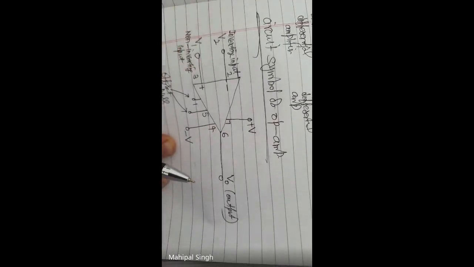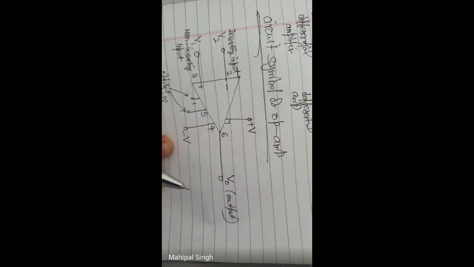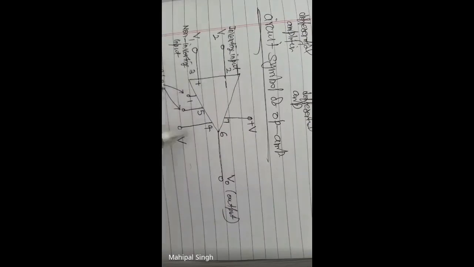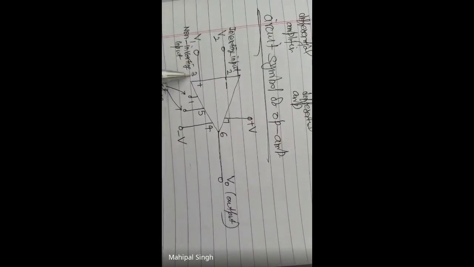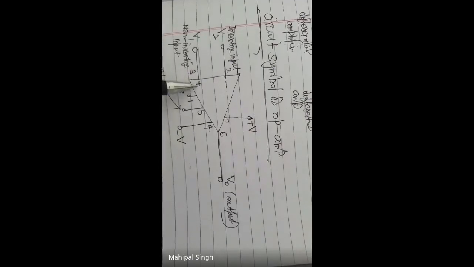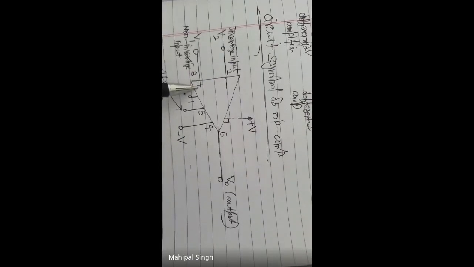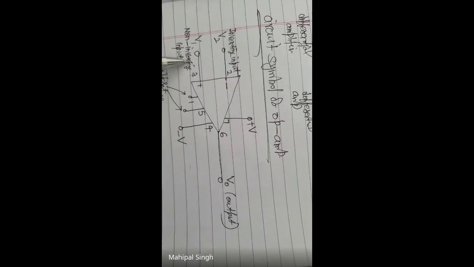Now from this symbol, we can conclude some important points about the operational amplifier. First point, the operational amplifier is provided with two input terminals. One of the terminals, labeled positive, is known as the non-inverting input terminal.